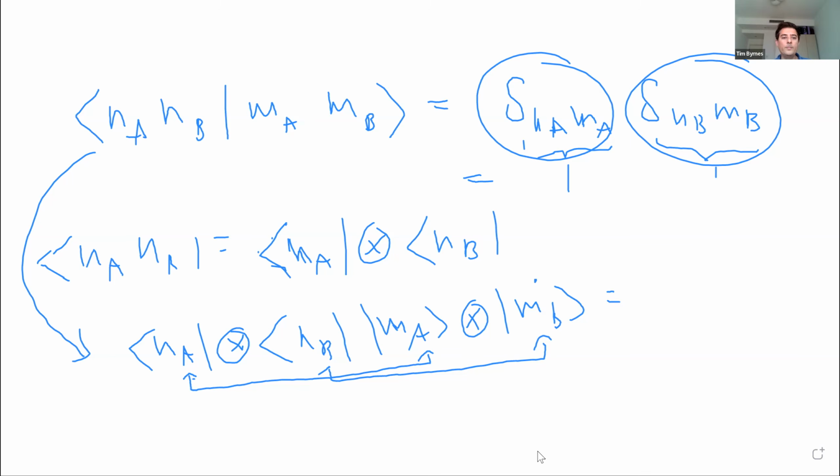Oh, why you can't take the inner product of NA and MB, for example, like this one and this one. Yeah. Well, I think that's just how tensor products work.